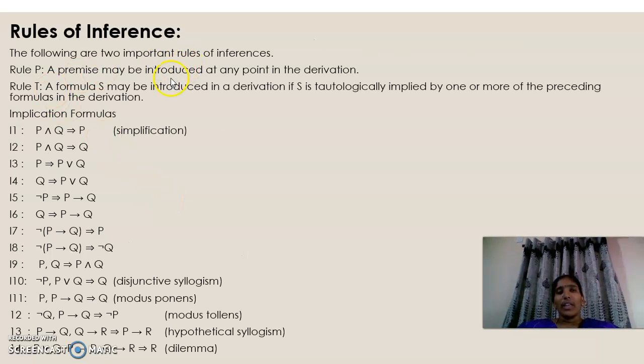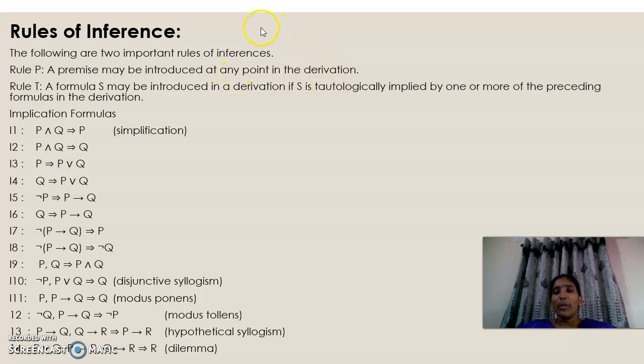Without the truth table method, we can follow some rules, that is, the rules of inference. Before going to the implication formulas, we have two rules, rule P and rule T. Rule P: a premise may be introduced at any point in the derivation.